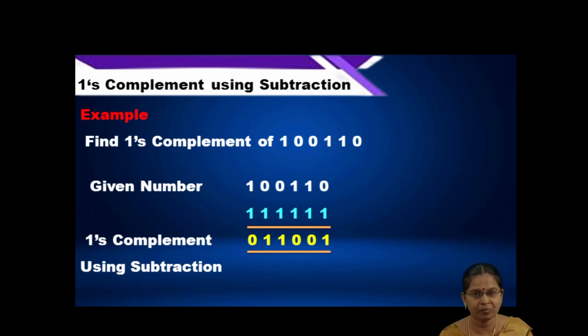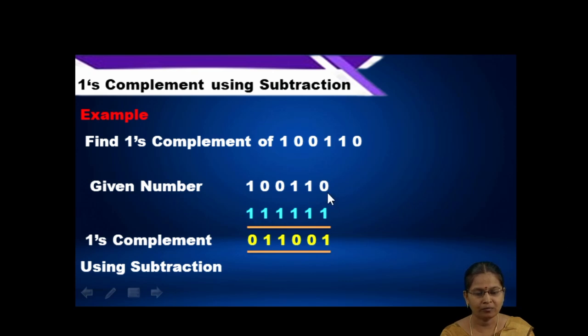So this is an example for the second method, that is, we have to subtract each bit from 1. We have to find the 1's complement of 1, 0, 0, 1, 1, 0. So subtract each bit from 1.